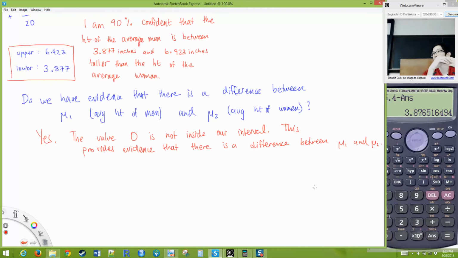Now if we brought about some other aspect of life, the difference might be 0, it might not be 0, okay? So if we did IQ scores or something like that, you're probably not going to find evidence of a difference, at least not in the United States and most Western nations where there's equal access to education for men and women.